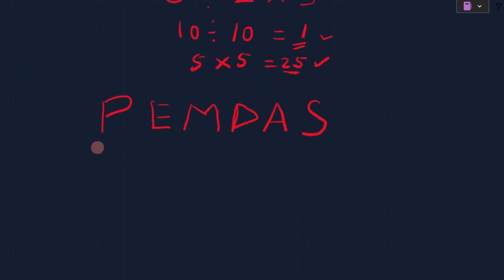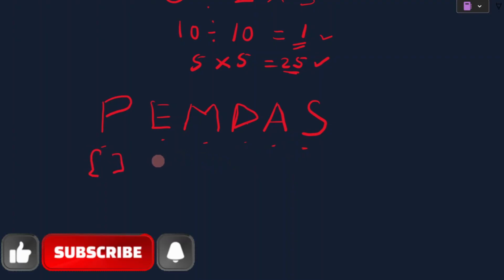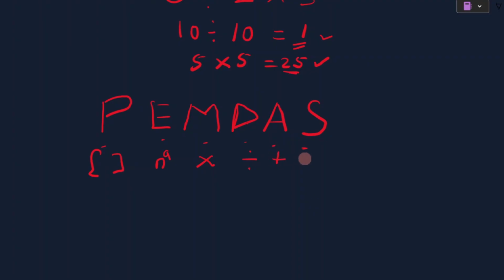PEMDAS simply means parenthesis, exponent, multiplication, division, addition, and subtraction. And if we write the annotation, we have parenthesis, exponent, multiplication, division, addition, and subtraction. So, what does it mean? It means that in a mathematical expression, you solve the parenthesis first, after which you solve the exponent, followed by multiplication and division.